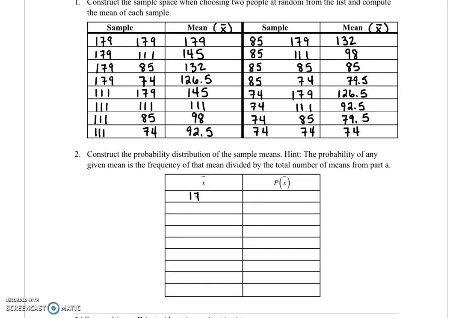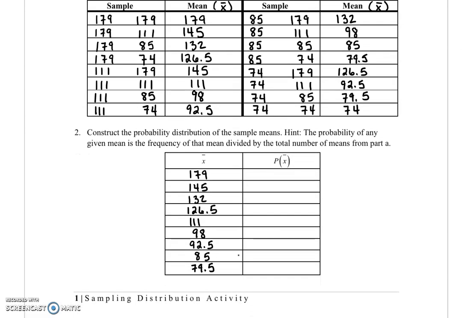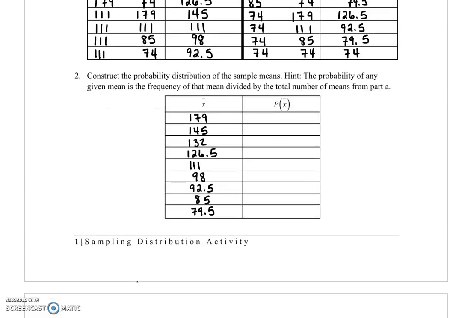So 179, 145, 132, 126.5, 111, 98, 92.5, 85, 79.5, and oh dear, it looks like I didn't make enough space in this table.